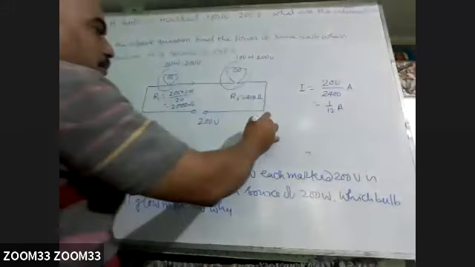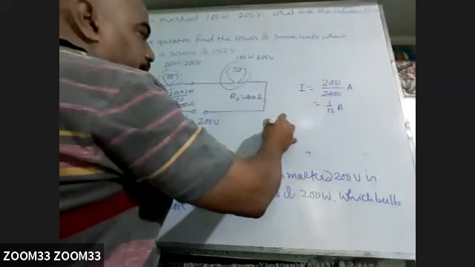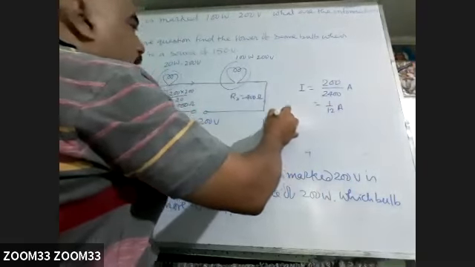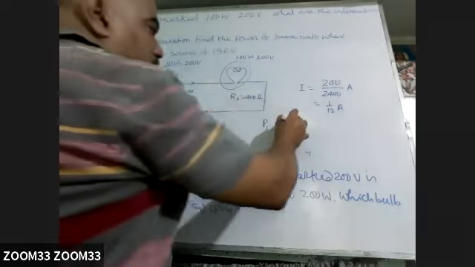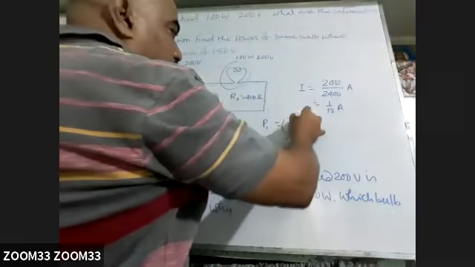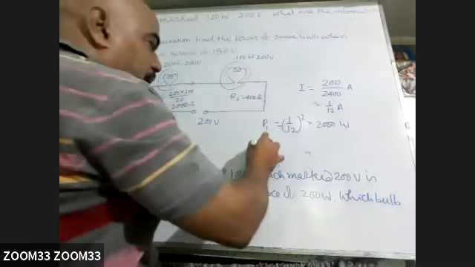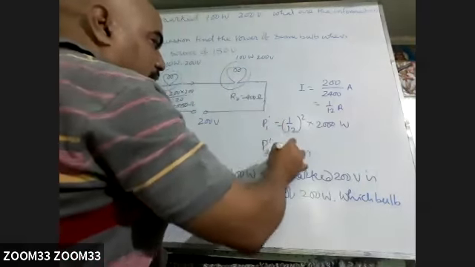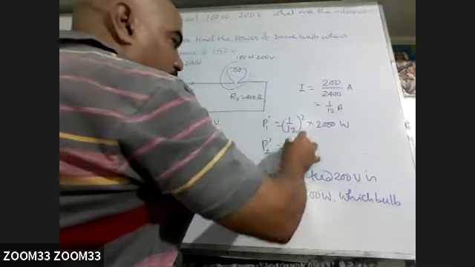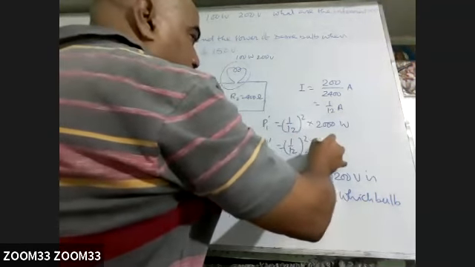What is the power of the first one? I square R, 1 by 12 square into 2000. What is the power of the second one? 1 by 12 square into 400.